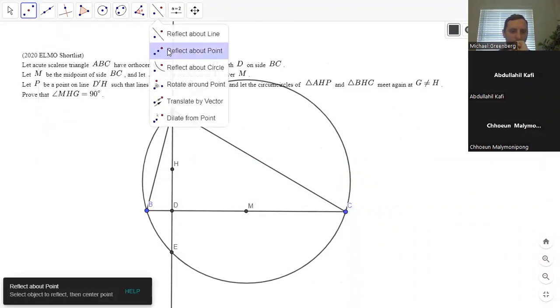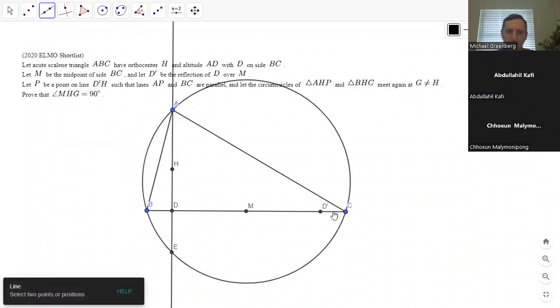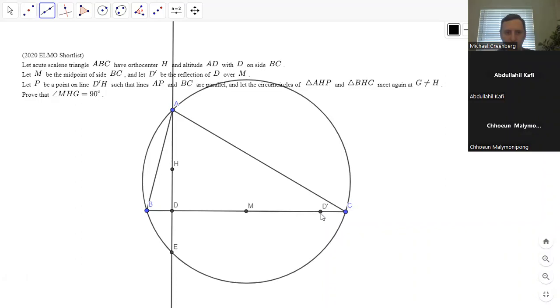Okay. P is on D prime H, such that AP and BC are parallel.